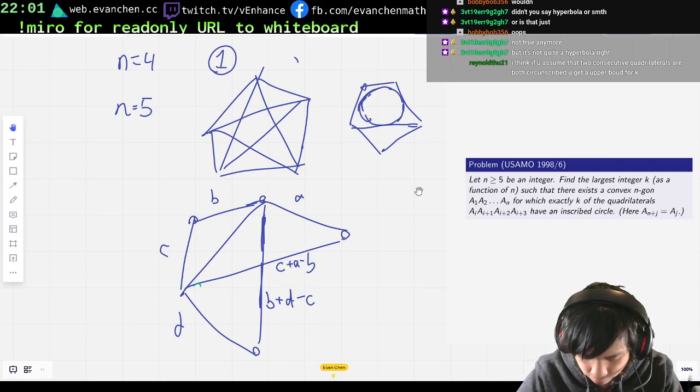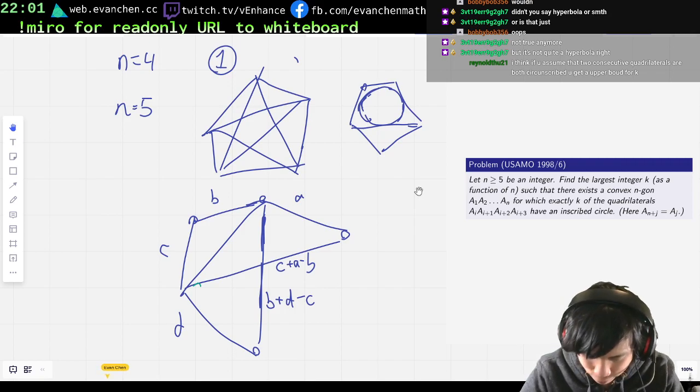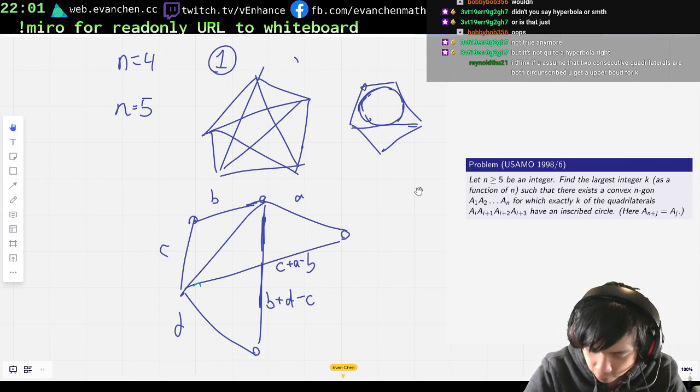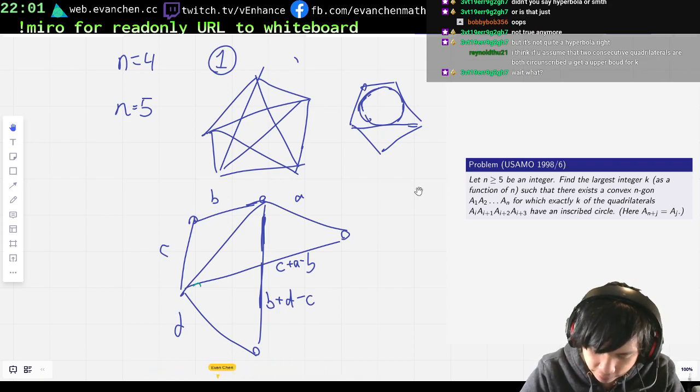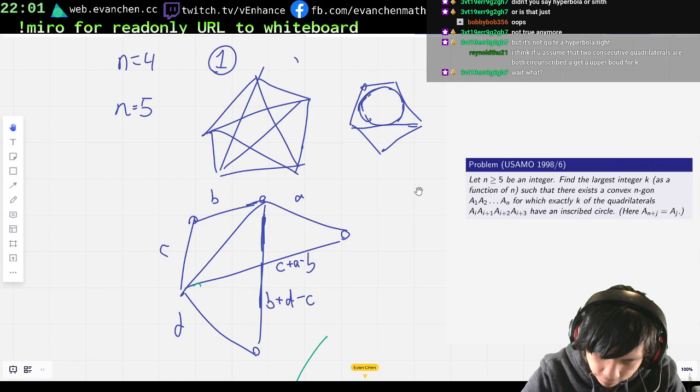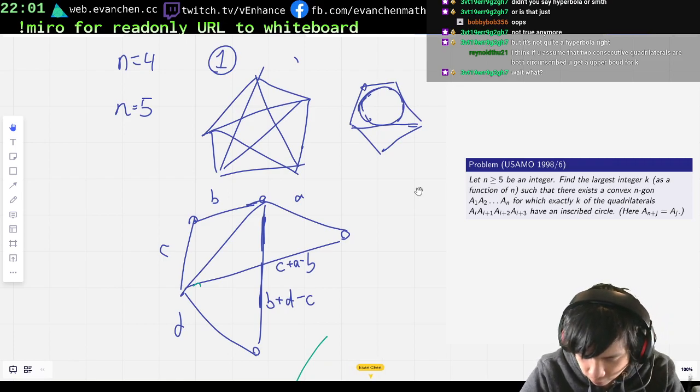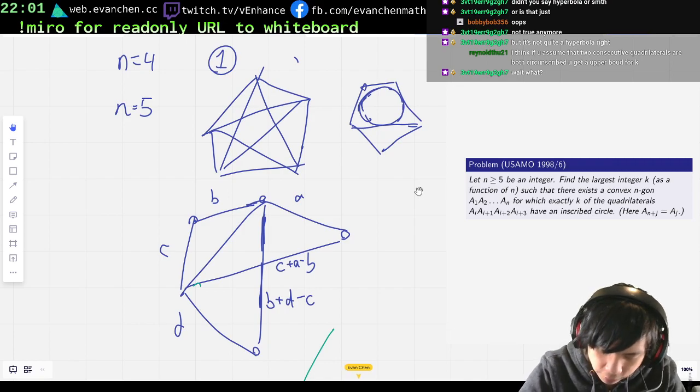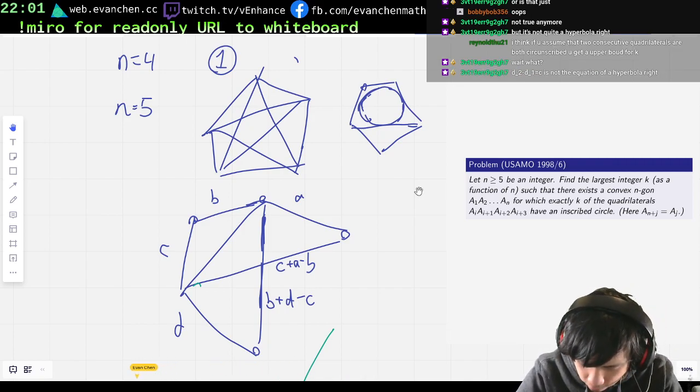It's not quite a hyperbola. It's contained in a branch of a hyperbola. So the point is, given two vertices, you look at the locus of points for which this minus this is a fixed constant. This is given by a hyperbola that looks like that. And the other branch, but we don't care about the other branch.